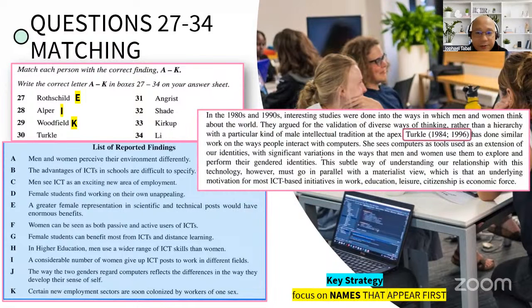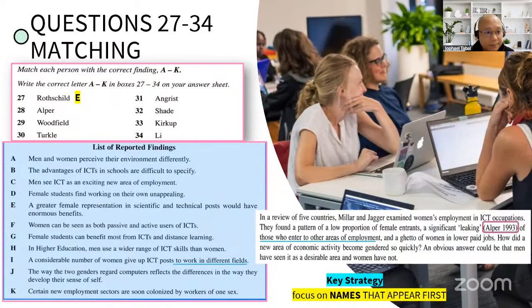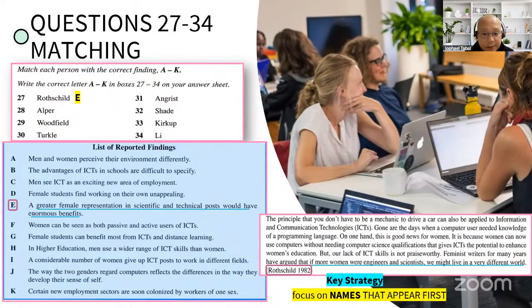I asked them to read, for example, paragraph A, and if they find a name that appears, for example, here, I don't know which paragraph this one is.